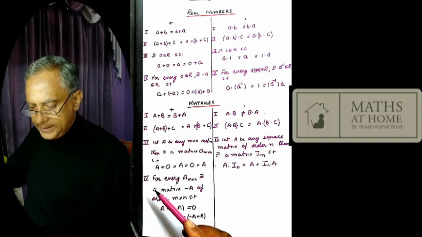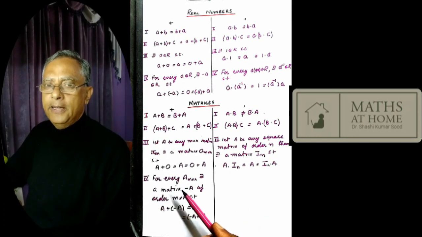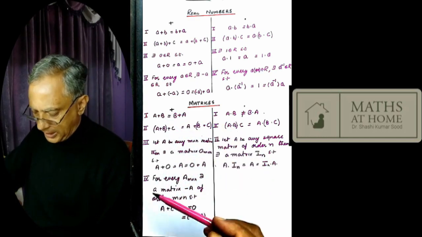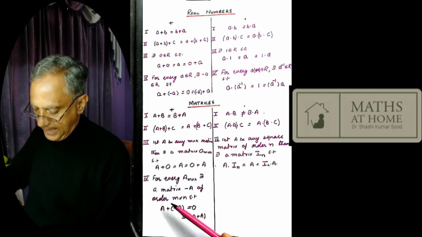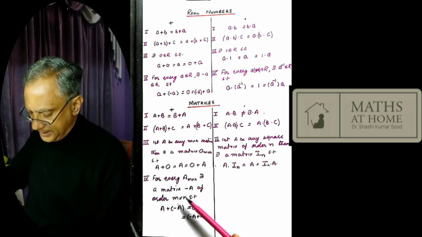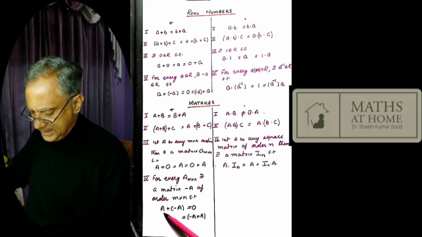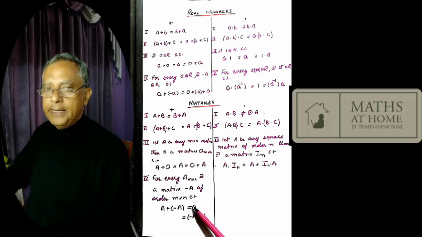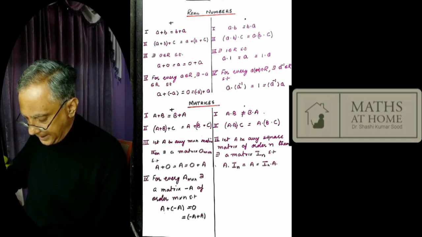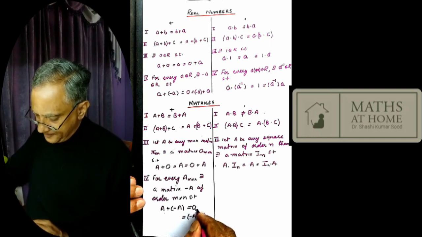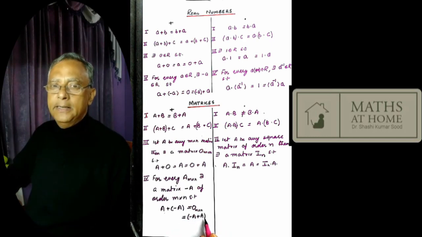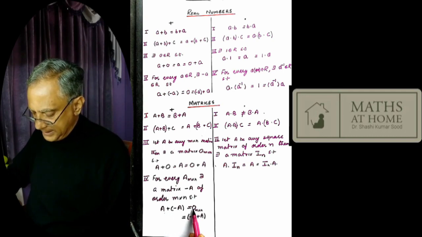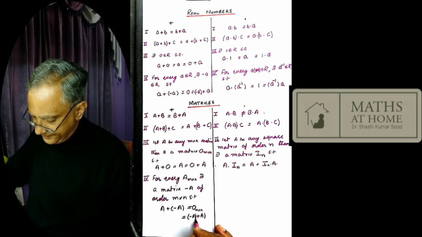And the fourth property is existence of inverse. Now if the operation is addition, then for every A of order m cross n, there exists a matrix minus A of order m cross n, such that A plus minus A is equal to identity of order m cross n is equal to minus A plus A. A plus minus A is identity, and minus A plus A is also identity.